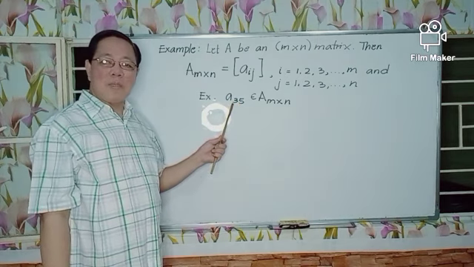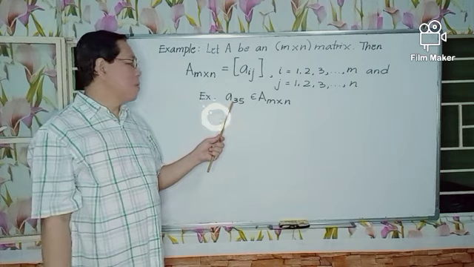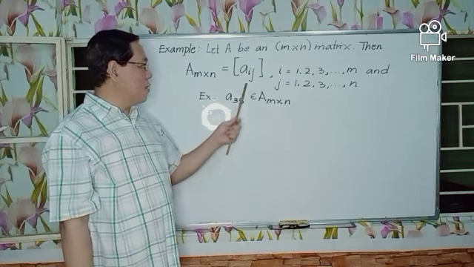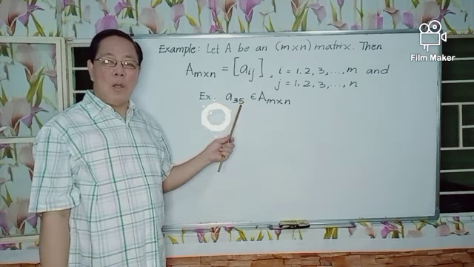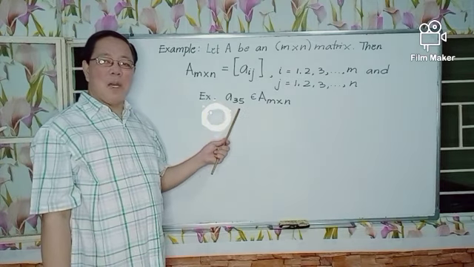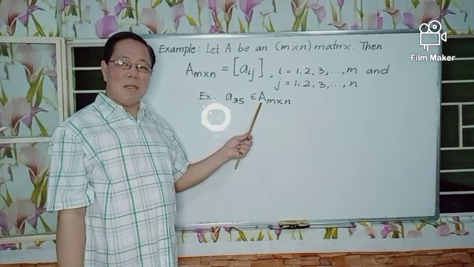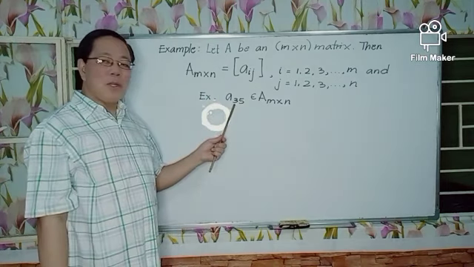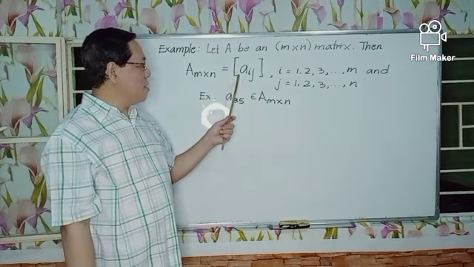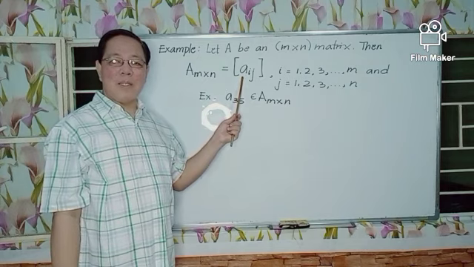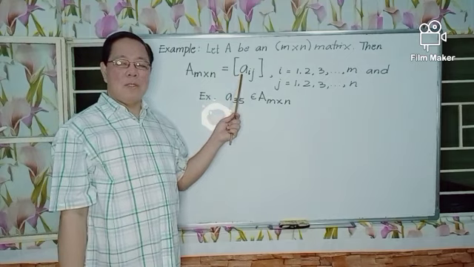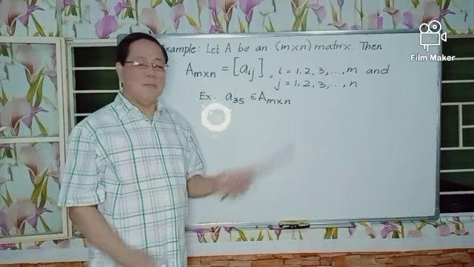The first subscript 3 refers to the row of the entry a, and the second subscript, which is now your j, refers to the column of the entry a. So a sub 35 is an entry in matrix A in the third row and fifth column. We now write all the entries of matrix A with size m by n using the notation a sub ij.